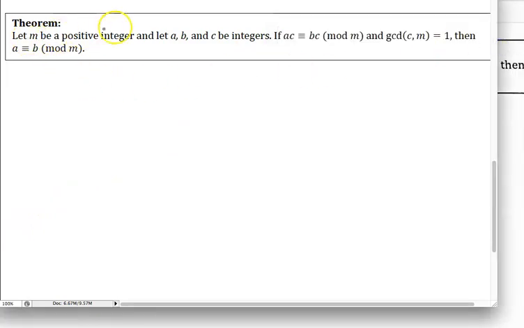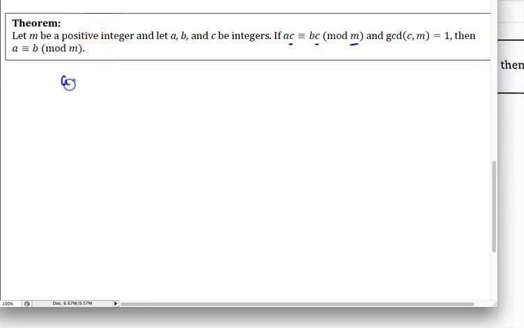If m is a positive integer and a, b, and c are integers, if ac is congruent to bc mod m, and the GCD of c and m is 1, so basically the number you're dividing by is relatively prime with the mod number, then you can divide both sides of the congruence by c and still get a true congruence. This is useful to know, and we can prove this.